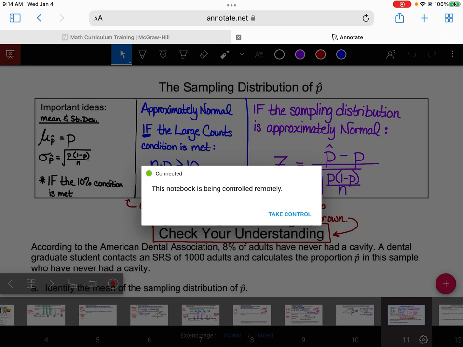Identify the mean of the sampling distribution. Calculate and interpret the standard deviation. Check that your 10% condition is met. Is the sampling distribution approximately normal? How would you know? Then find a probability, similar to number 12, and look at that challenge question, part E.